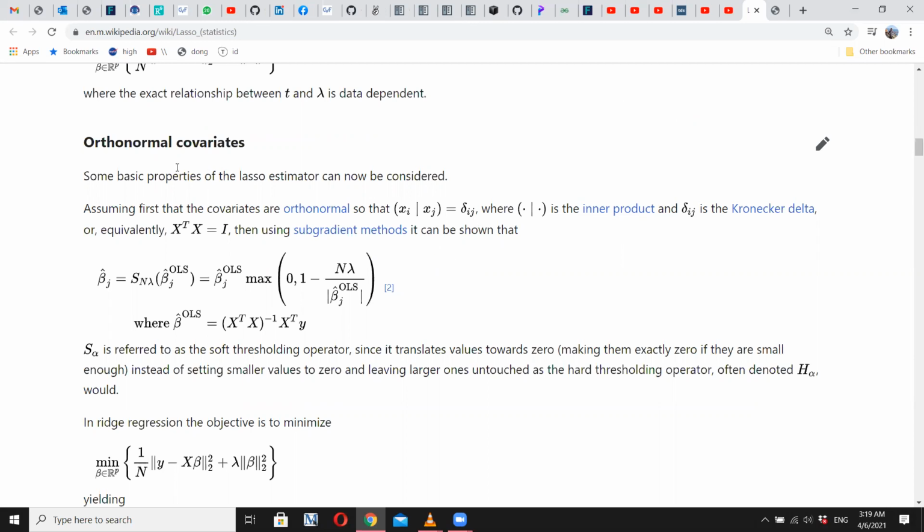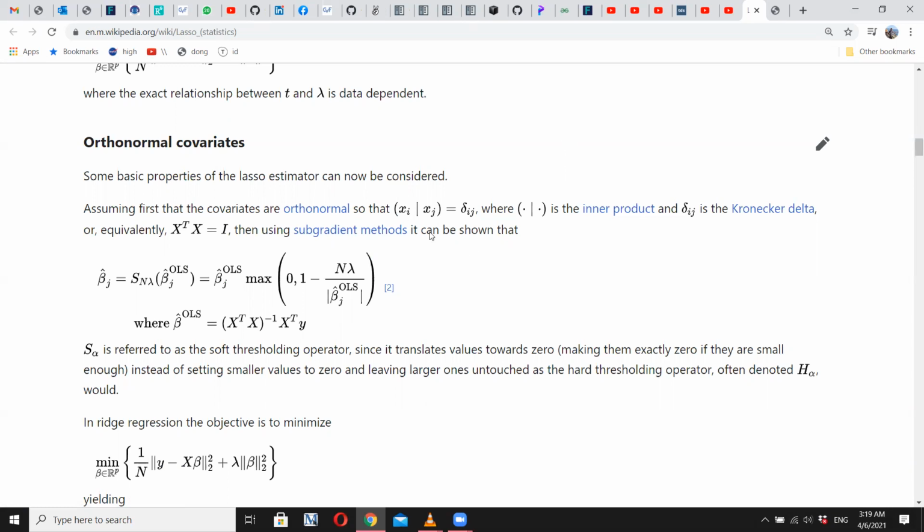So this means that your column vectors should be orthonormal, which means that the dot product of those 10 numbers in the first column with itself should be 1, and with any other column, the dot product should be equal to 0.